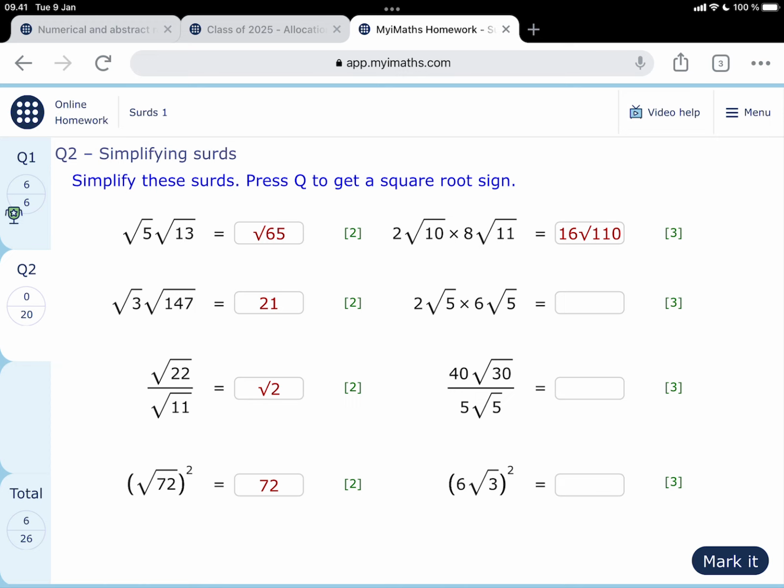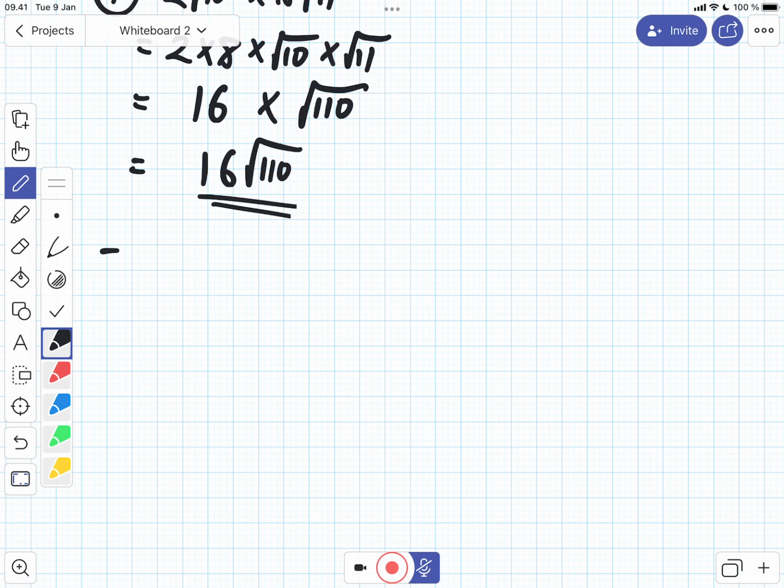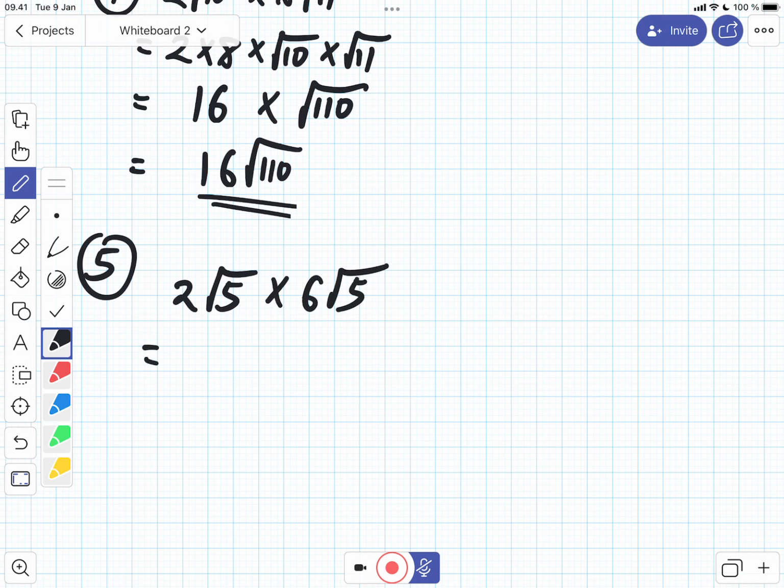Okay, the next one, 2 root 5 times 6 root 5. Well, that is going to simplify a bit. If we do the numbers first, the 2 times the 6, and then the root 5 times root 5 at the end.